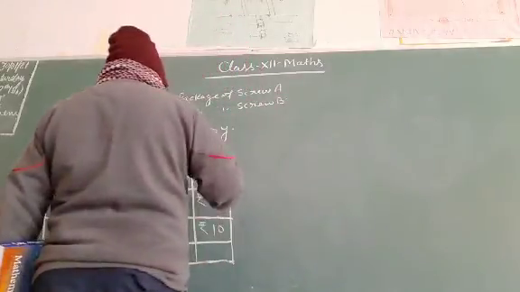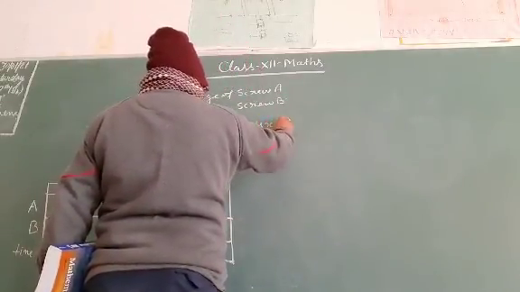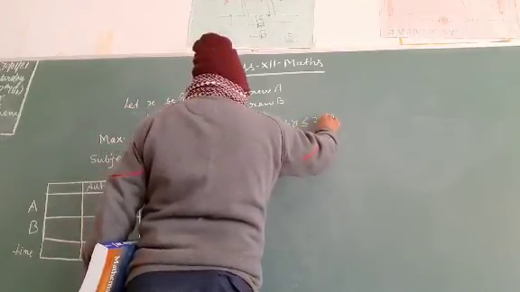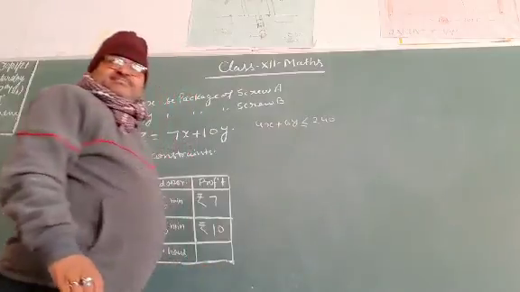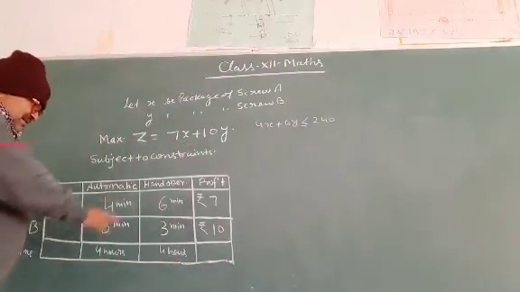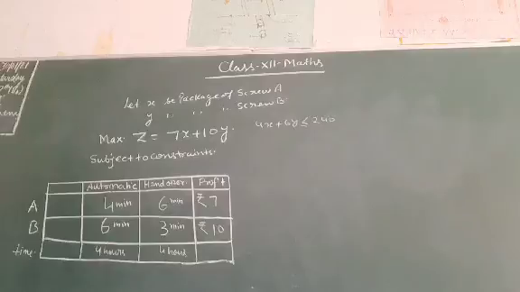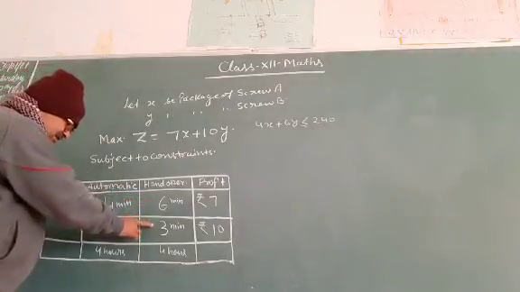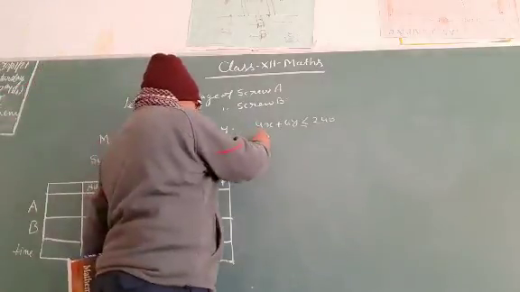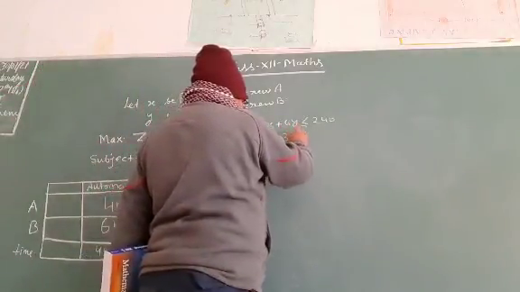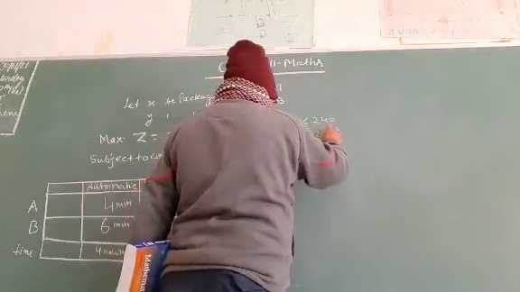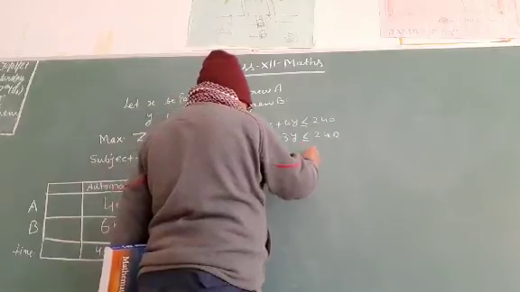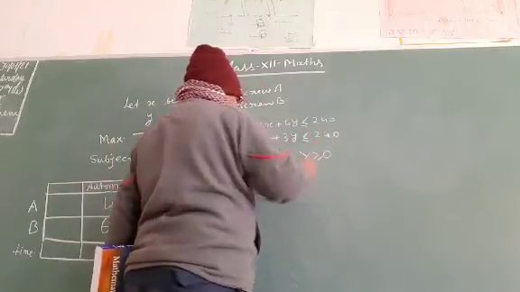For the hand operated machine, 6x plus 3y less than or equal to 240, and x greater than or equal to 0, y greater than or equal to 0.